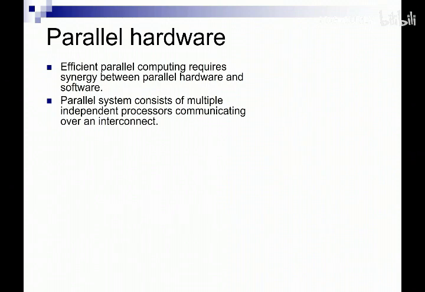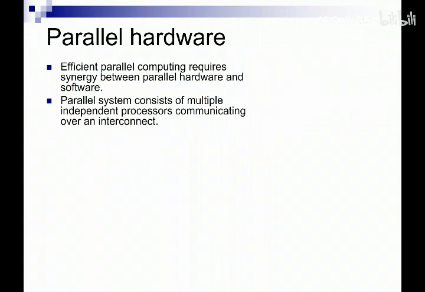Okay, so what does parallel hardware look like? Well, a parallel system basically consists of many processors, right? So each of the processors can do independent computation, but because we want to combine all of these processors to solve one overall problem, the processors need to communicate with each other.